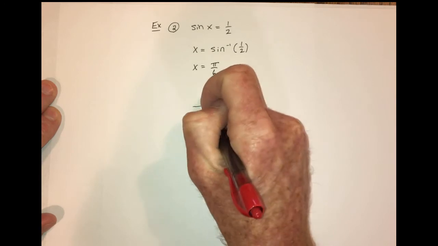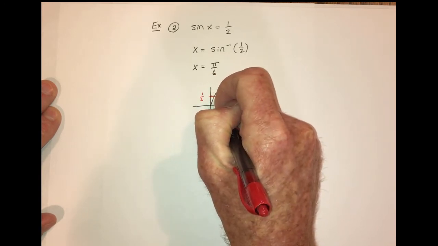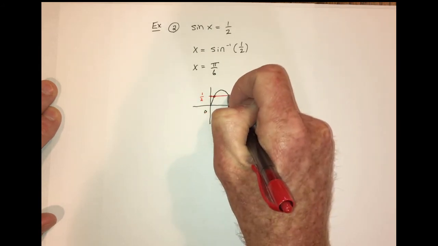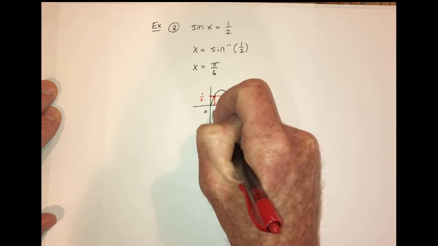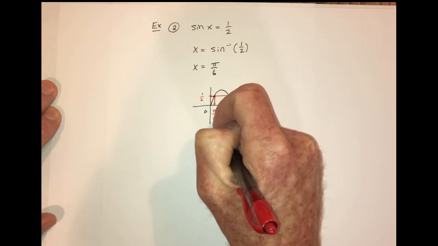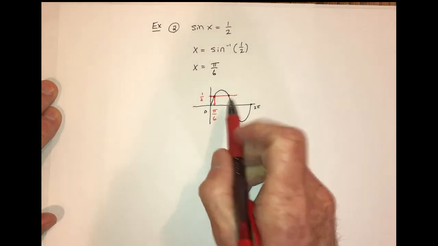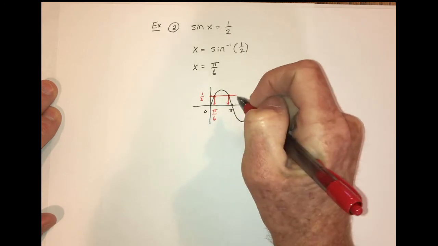So on the y-axis, right here would be 1/2, and if you make a line go straight across, there's actually 2 solutions. So one is right here, and that is the pi over 6 that we got from the calculator. The second one is over here, which is actually to the left of pi.